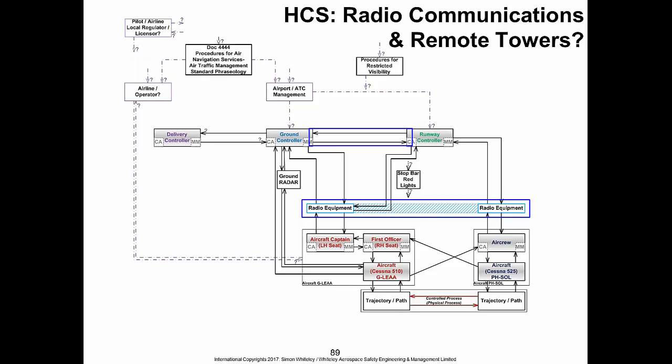But if circumstances had been slightly different, in the case of the runway controller issuing the go-around command to the aircrew, because at the moment we don't know whether the aircrew of PH-SOL even knew there was an aircraft on the flight deck.